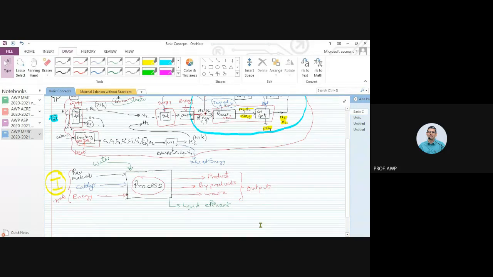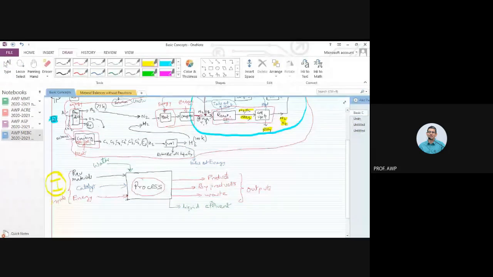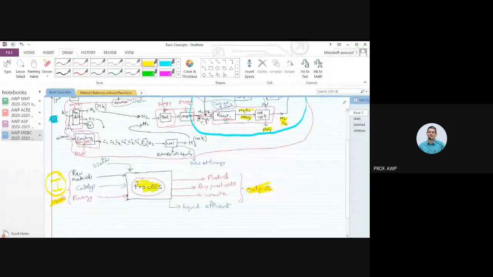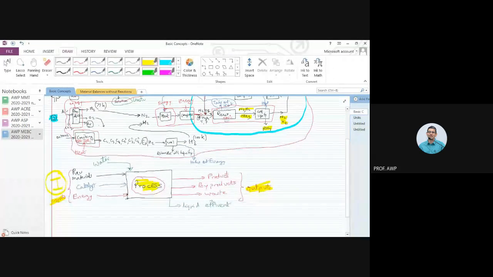We try to break them down into small units, and all these small units we try to write in a generalized form: what are the inputs that are coming in, what is the process that is going on, and what is the output coming out of the process. Output is what is coming out of the process. Input is what we are supplying to the process.